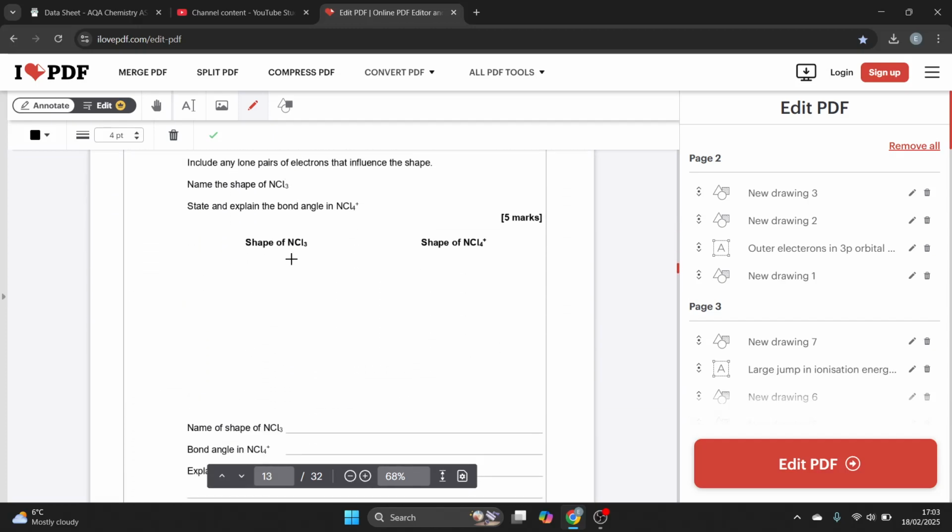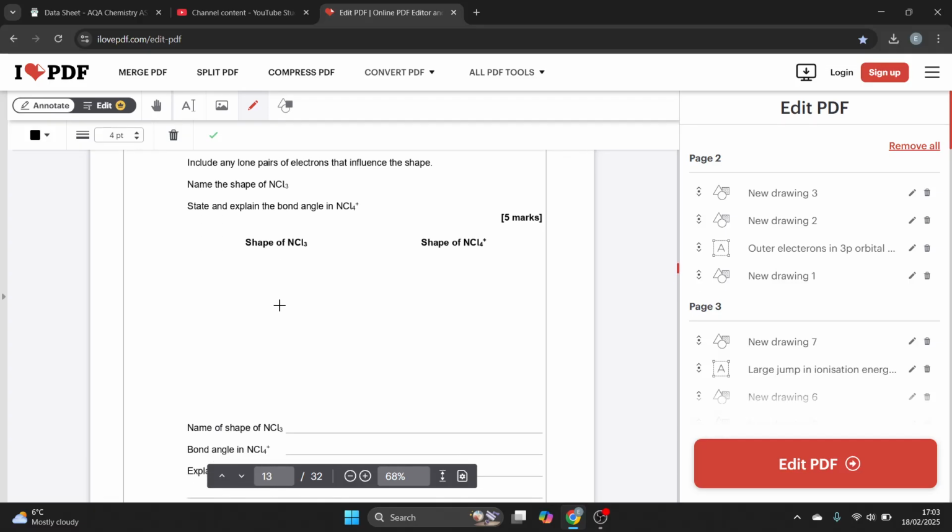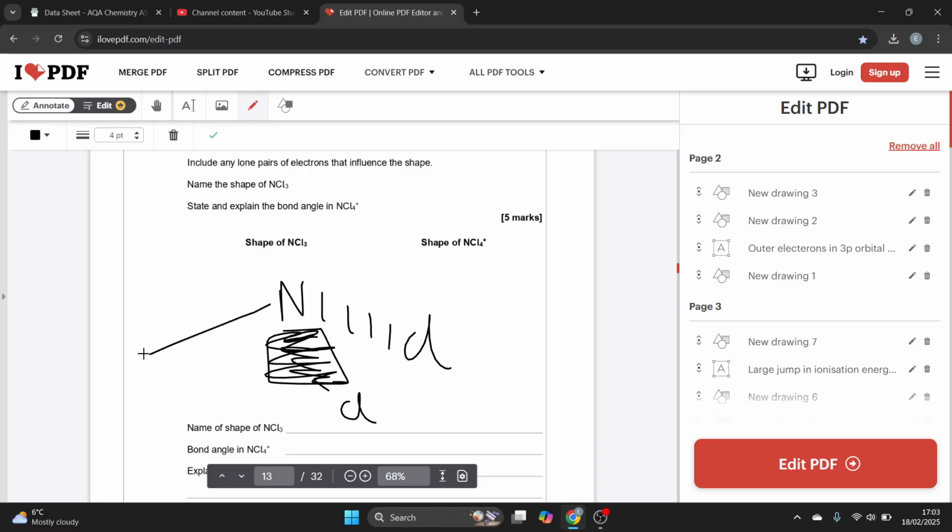Question 6. Draw the shapes of NCl3 and NCl4+. So NCl3. These wedges and dashes coming out just show that the shape is 3D.